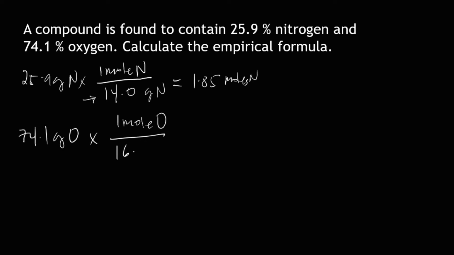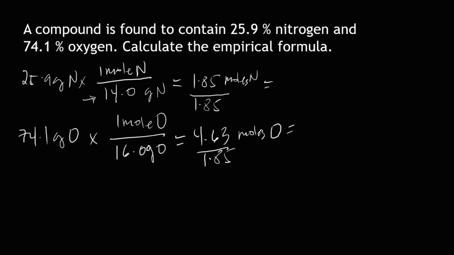This equals 4.63 moles of oxygen. We're not yet done. The next step is to divide by whichever number is smaller between the two, so it's 1.85. Let's divide by 1.85.